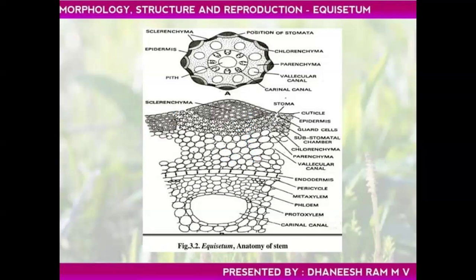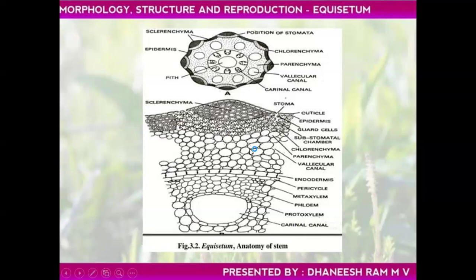In the outer cortex, just below the ridge, you can see a patch of sclerenchymatous tissue. The presence of this sclerenchyma and the deposition of silica on the cuticle and epidermis clearly show that some species of Equisetum are adapted for xerophytic conditions.